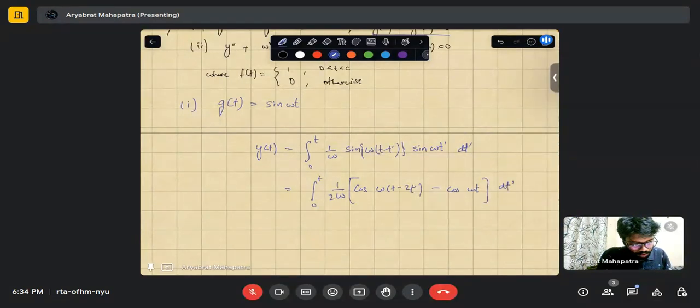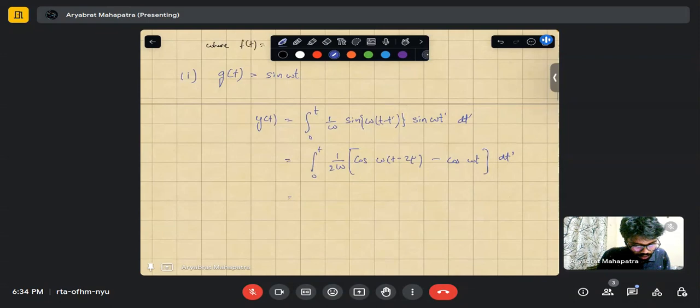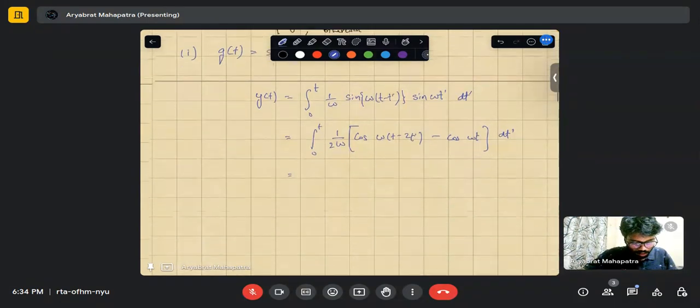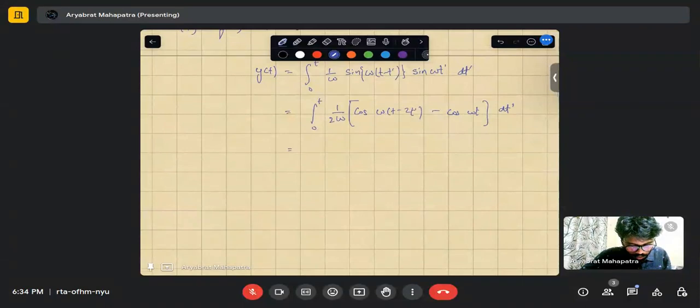You integrate this with g of t prime, and the integral is straightforward.